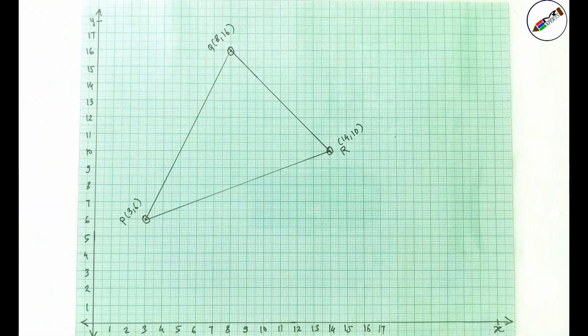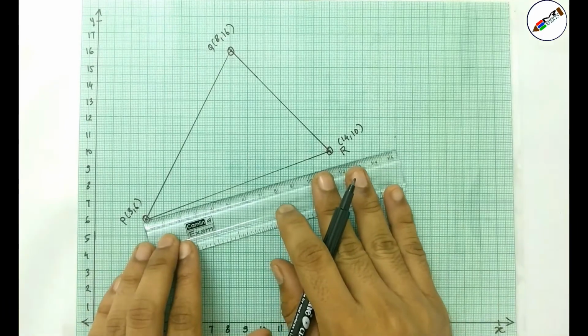So we have drawn the triangle PQR along with its vertices. Let us consider the line segment PR to be the base of the triangle. We will have to measure the length of the base PR. So let us use a scale for that.